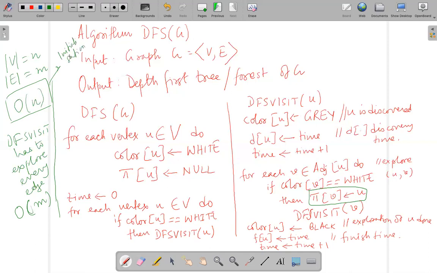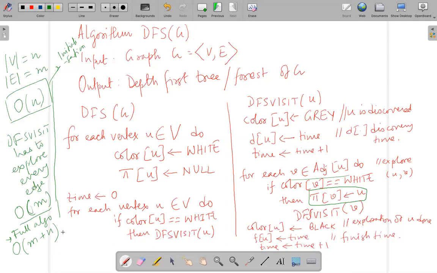This is order n, and the DFS visit, since it has to explore all the edges, okay, through this adjacency list traversal. Okay, so this exploration can take order m time, and therefore the order of the whole algorithm is m plus n.